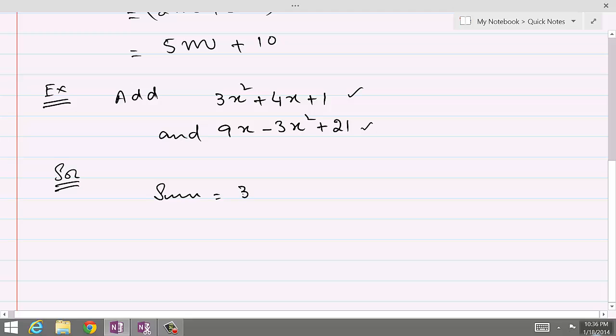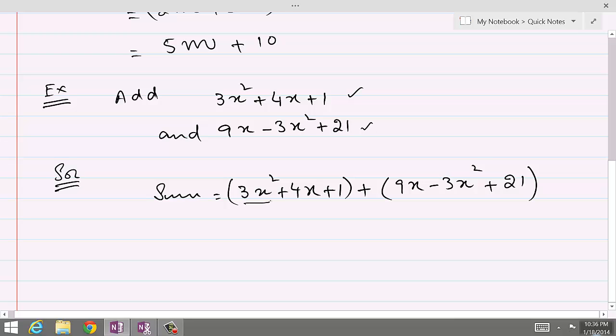This is 3x square plus 4x plus 1 and then plus 9x minus 3x square plus 21. Now let's start with the first term of the first polynomial, 3x square.